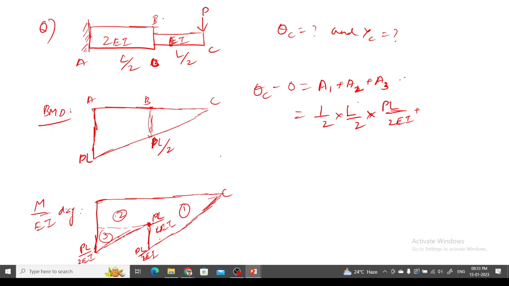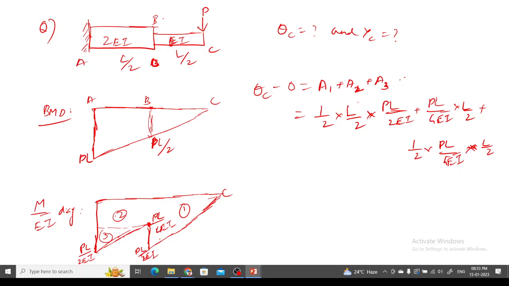A2 is a rectangle, PL by 4EI into L by 2. And A3 is again 1 by 2 into PL by 4EI into L by 2.